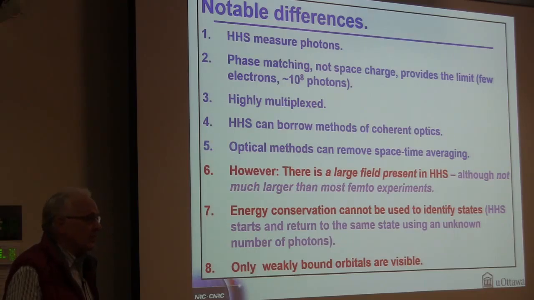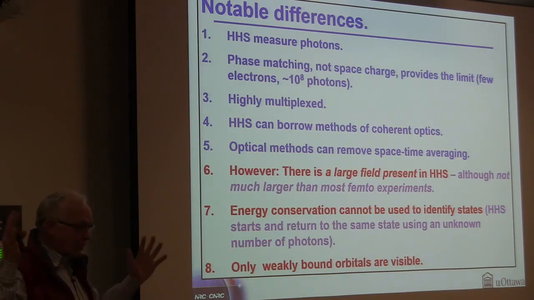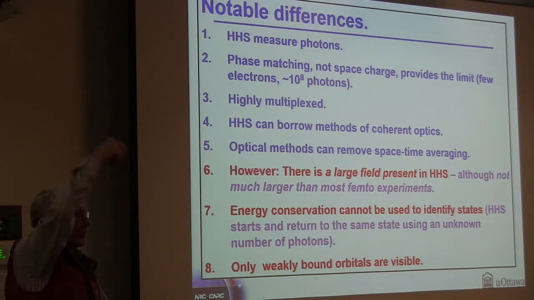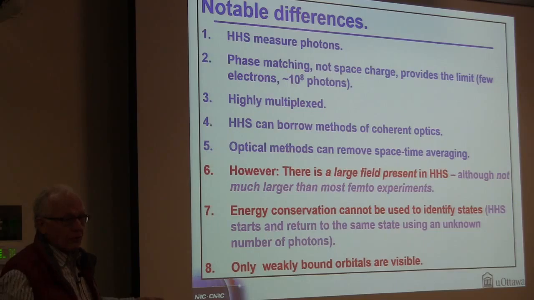That said, femtosecond photoelectron experiments often use relatively strong fields also, because when you have a short pulse, you need high intensity since there just aren't many photons. So we're not that far above them.